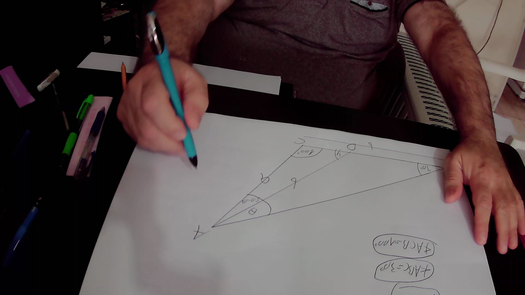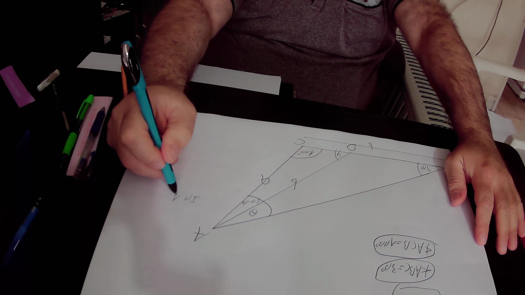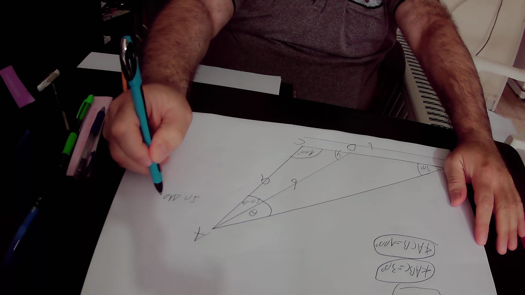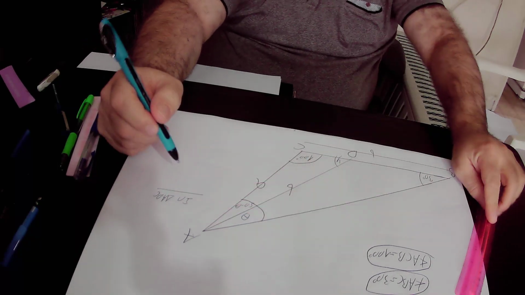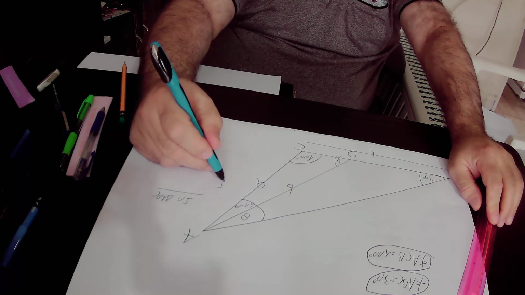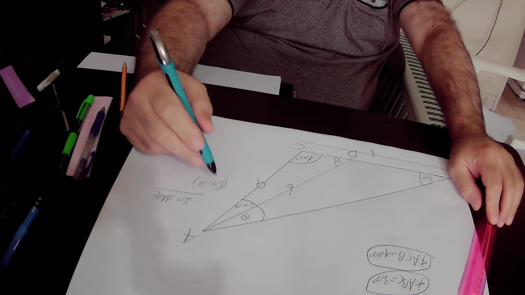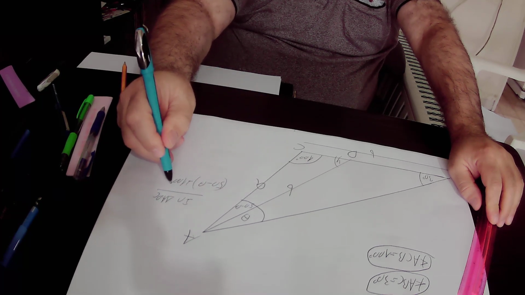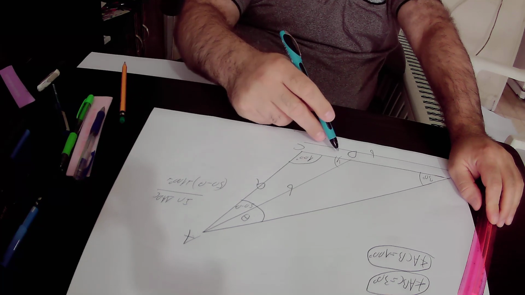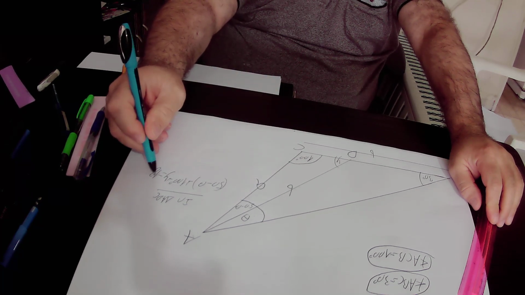So in triangle ADC, we get that 50 degrees minus theta, this angle, plus 100 degrees, plus angle Y, must equal in total 180 degrees.